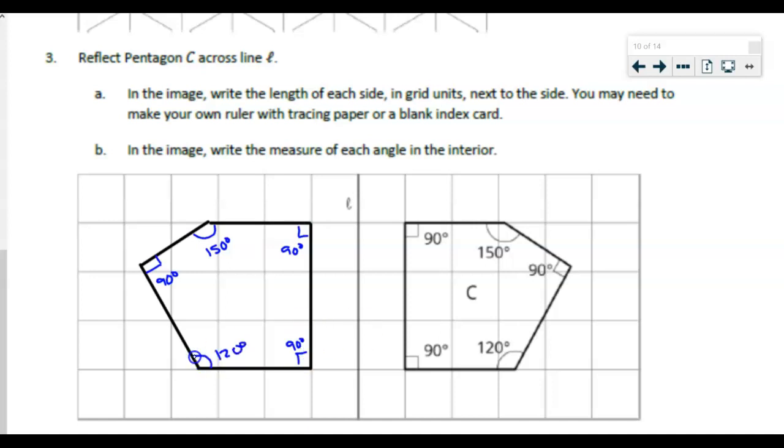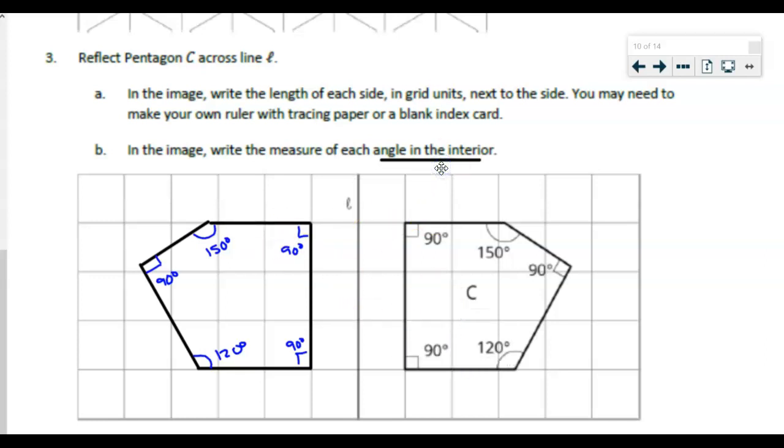So all of the angles ended up being the same, but even more than that too are these side lengths. Again, it's kind of hard to measure sometimes when it doesn't fall exactly on one of those crosshairs where all of the corners meet together. But I can see this is how long the line segment is here. And sure enough, that's how long it is in the reflection.